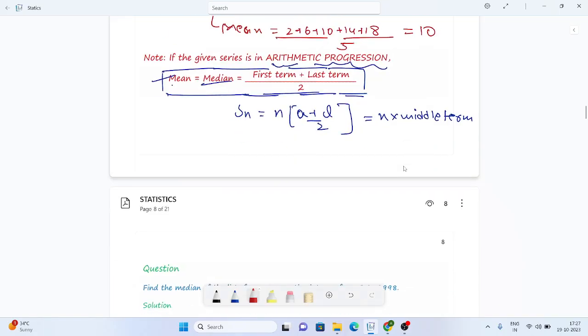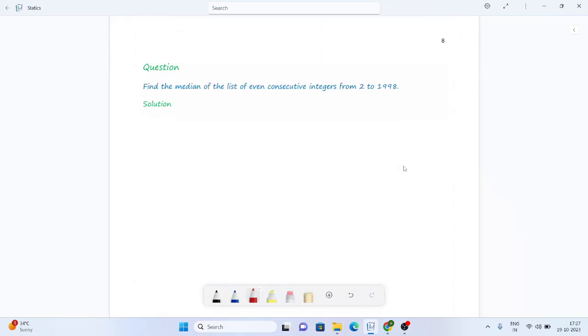So note down this example after this note. Done? Okay. Then we move forward. Find the median of the list of even consecutive integers from 2 to 1998. First we have to make the series. The series is 2, 4, 6, 8, 10 up to 1998. Right?